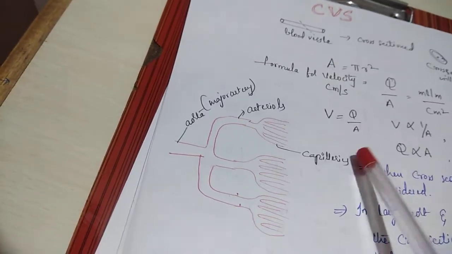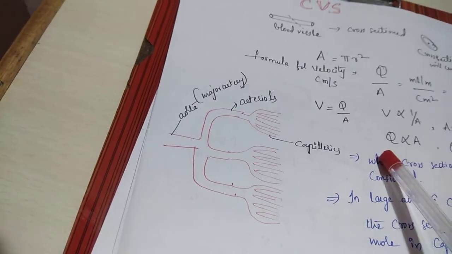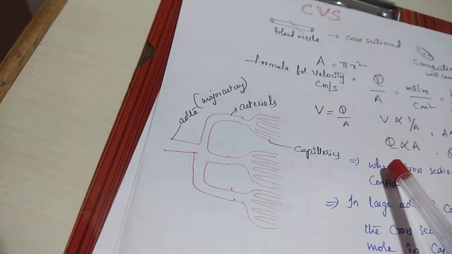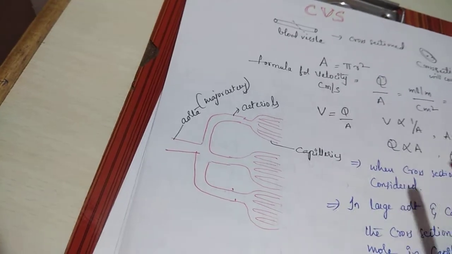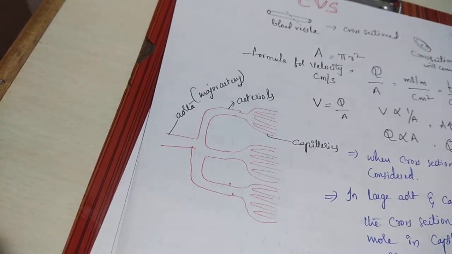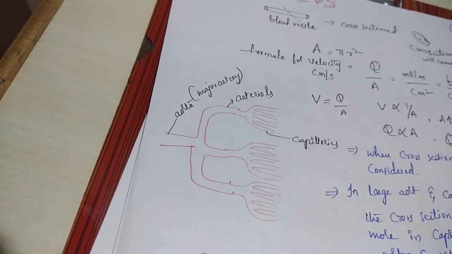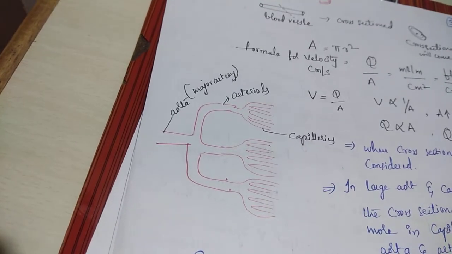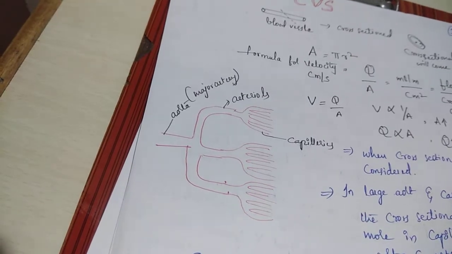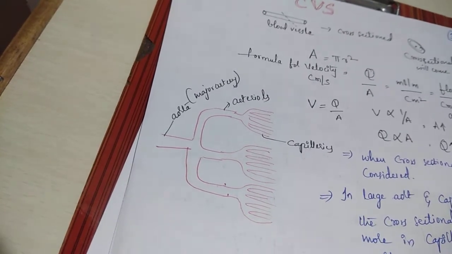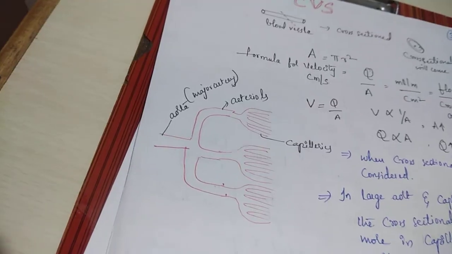From there it is collected again by the capillaries, where the velocity is also reduced, and from there it enters the venules. In the venules the velocity will be increased. From the venules the blood enters the major veins, so in the veins the velocity will again be increased.